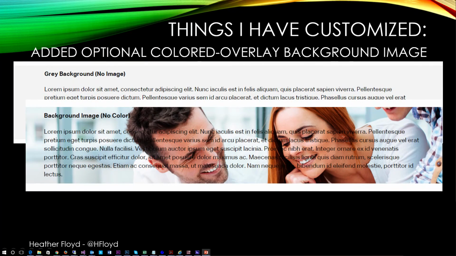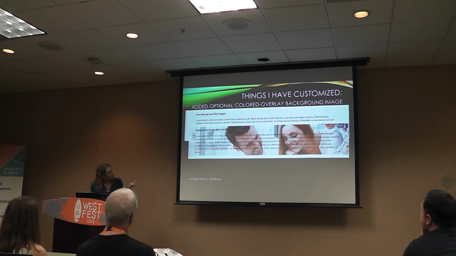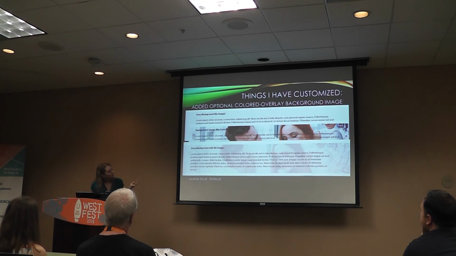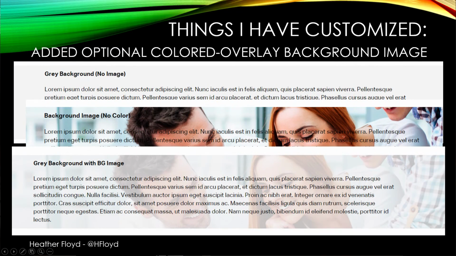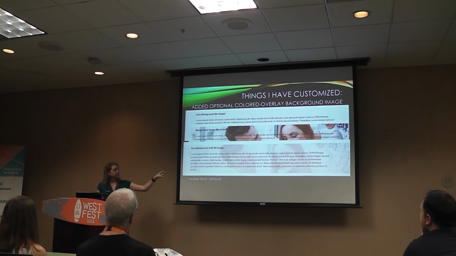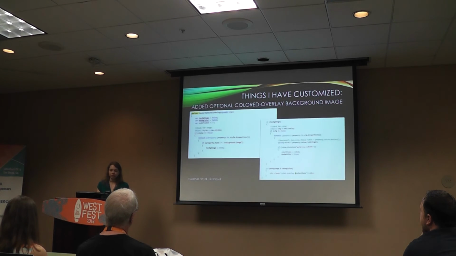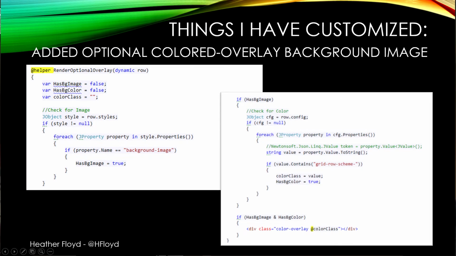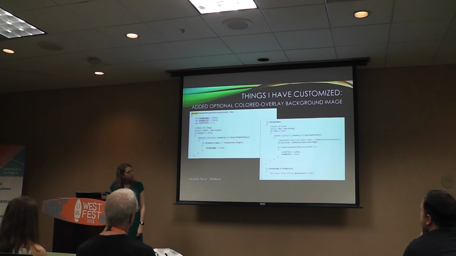If they pick a background image and no color, that's what you get. If you pick both, ooh. But this took an actual extra inserted little div to handle that overlay. So we do a check in the code that says basically, if it has both, then render our little div color overlay.